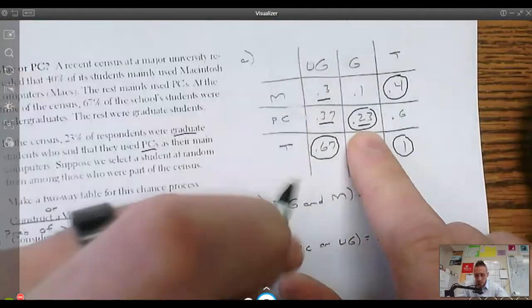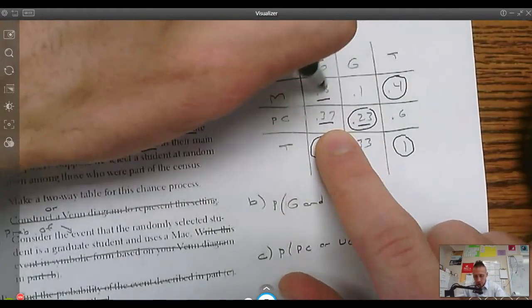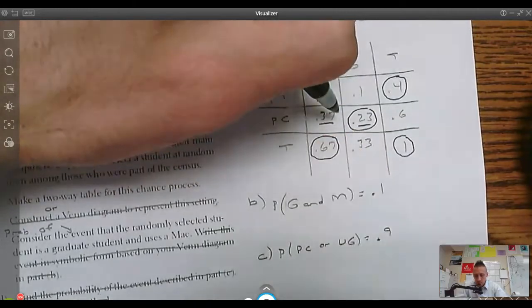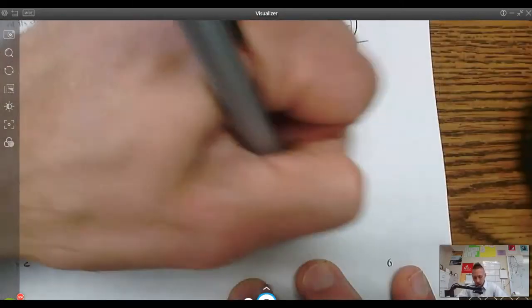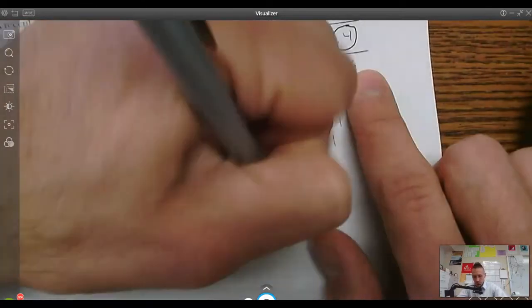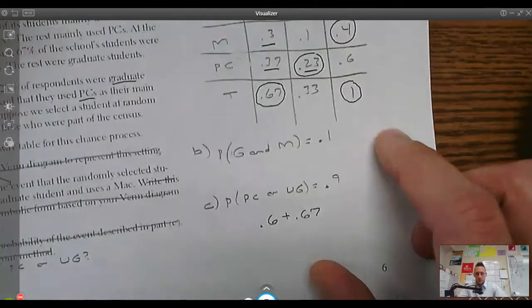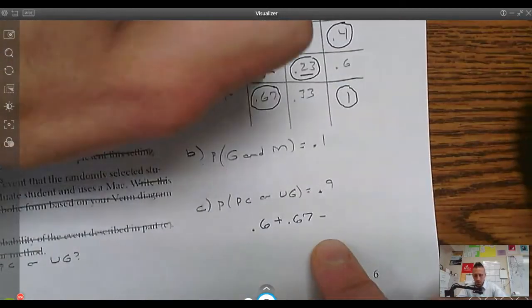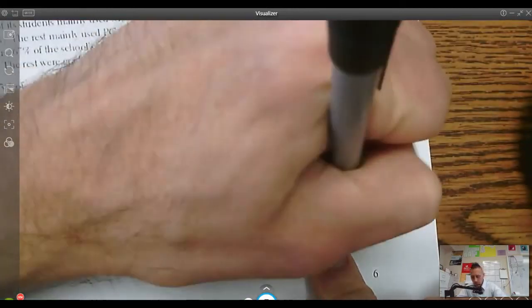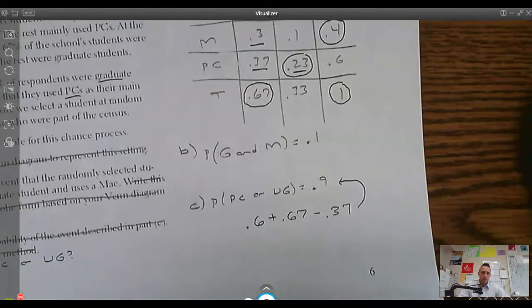Just PC is the 23%, just undergrad is the 30%, or both. Or you can take the formula, probability that they use a PC, 60%, plus the probability they're an undergrad, 67%, minus the probability that they're using a PC and they're an undergrad, the intersection, and that's going to give you 0.9 as well.